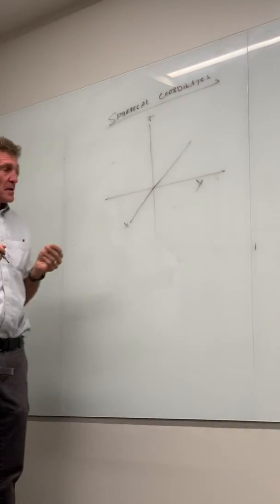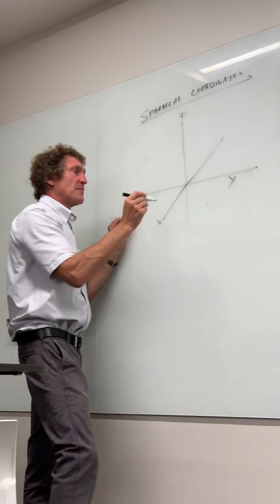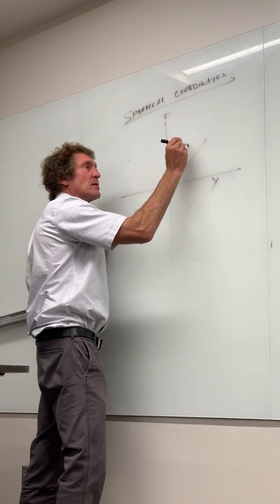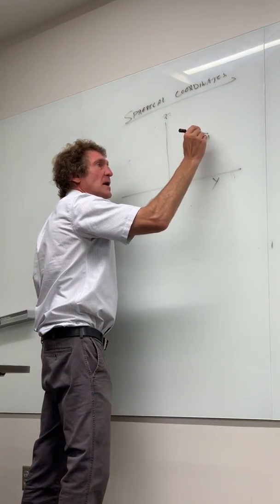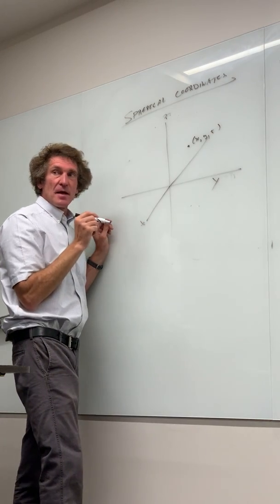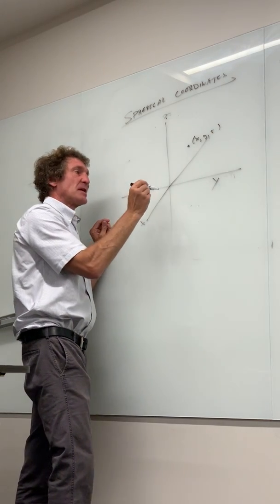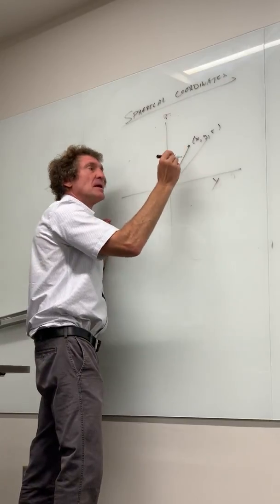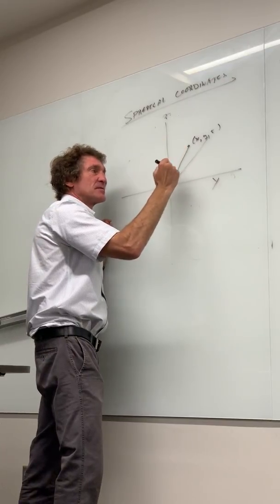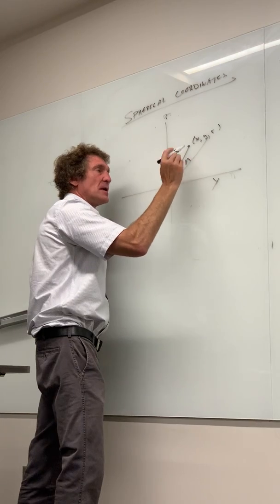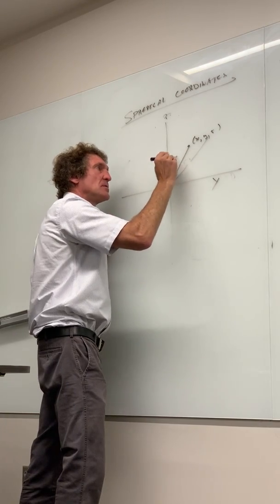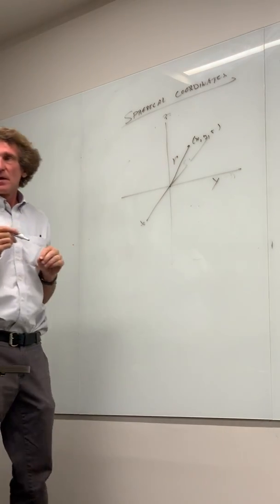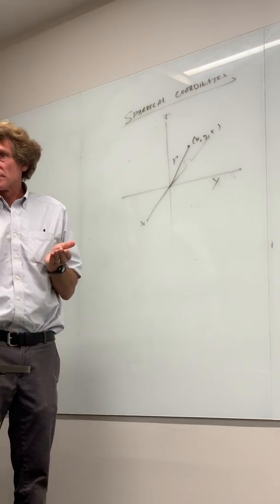So, here's what happens. Say we take a point X, Y, Z in space. If you go from the origin and draw a vector out to that point, the distance from here to here is called R, the radial distance. He always uses a small r.